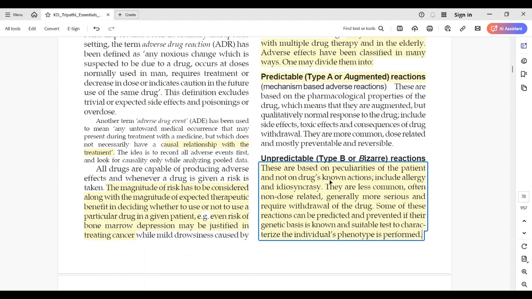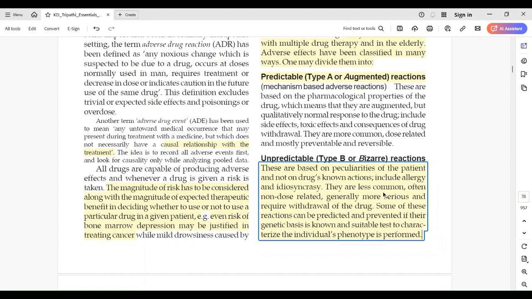We can't predict that they will occur, because only in some percentage of patients, only in a few population categories, will they show their effect. This includes allergy and idiosyncrasy. Idiosyncrasy means adverse reactions that are not predictable.